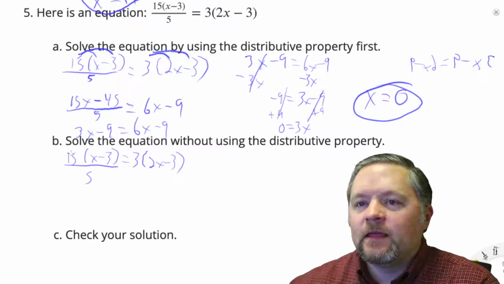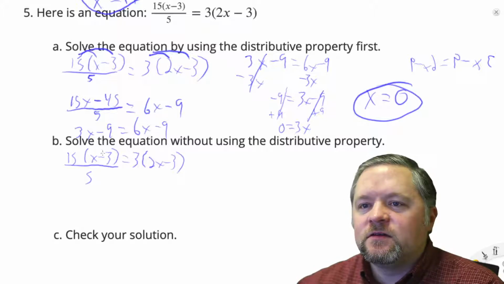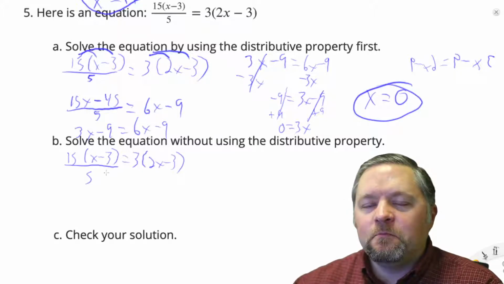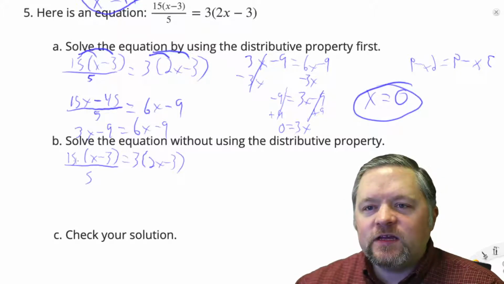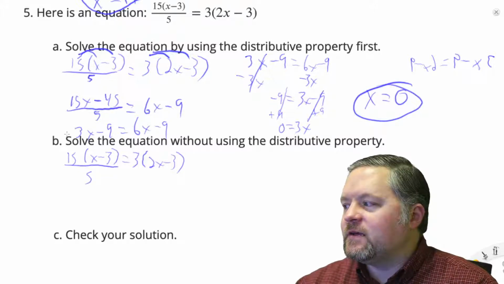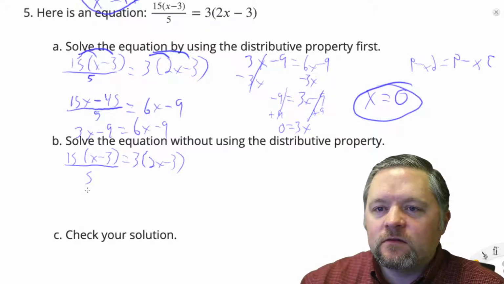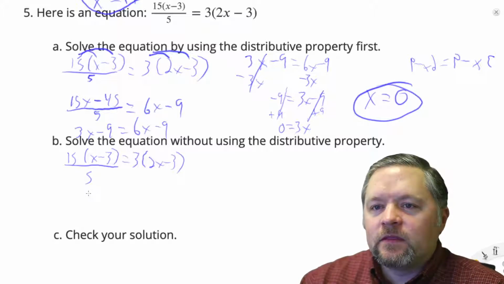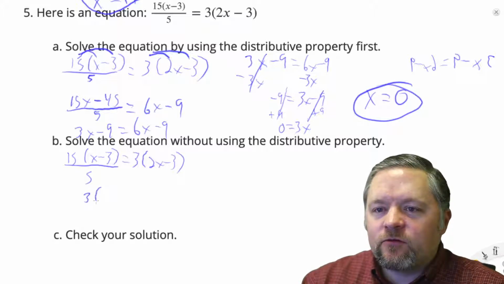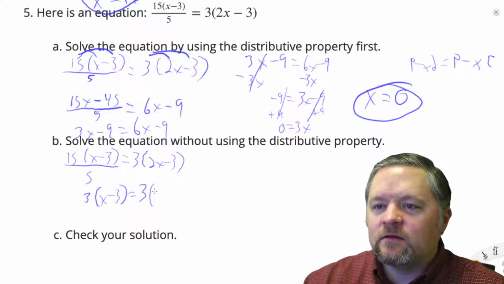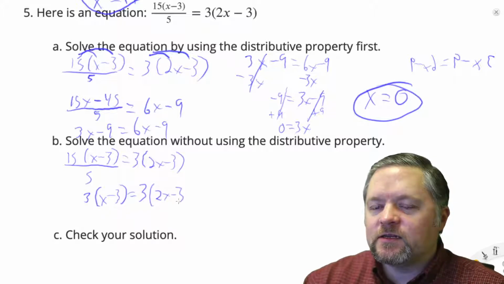Okay, how are we going to do this? We can't distribute anything, but if I look at this, 15 divided by 5. What is 15 divided by 5? Well, that's 3. So that means we have 3 times x minus 3 equals 3 times 2x minus 3.